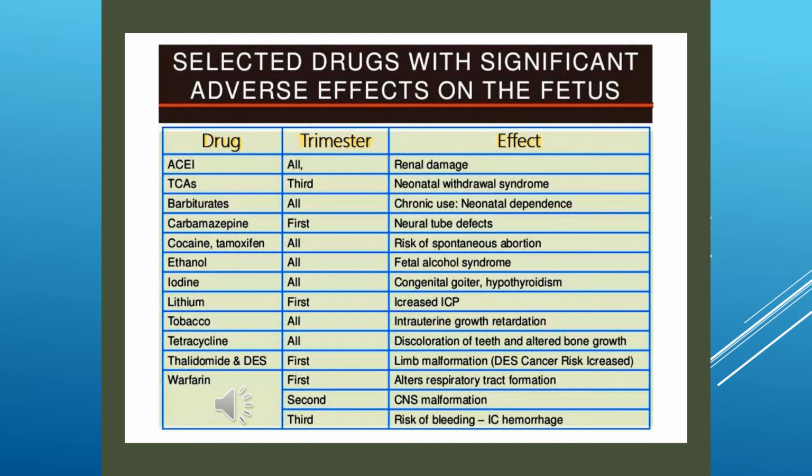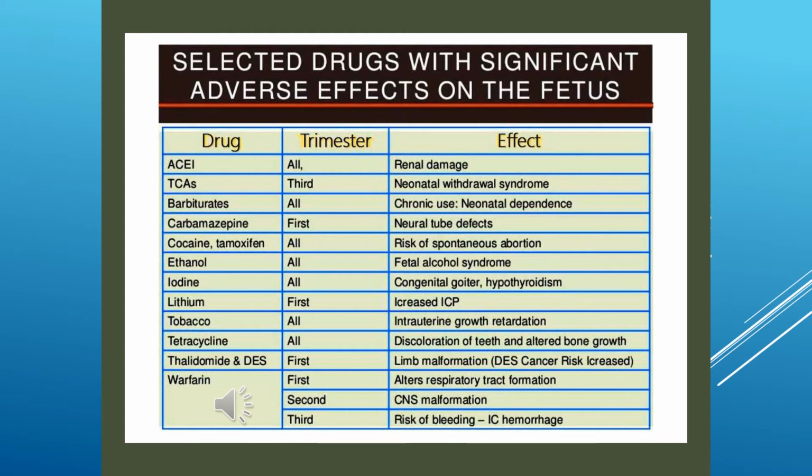Tricyclic antidepressants, if given in the third trimester, can cause the neonates to suffer some type of withdrawal syndrome, and they will exhibit types of dependence and withdrawal activities that you would see in adults as well. So high-pitched cry, potential fitting, signs that are attributed to dependence on a particular medication. Same goes for barbiturates as well.